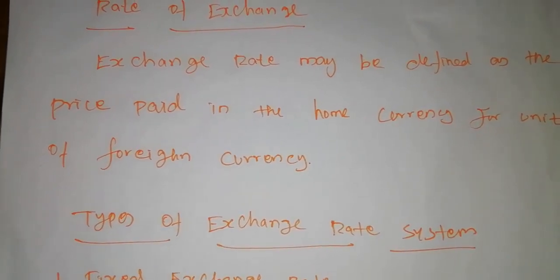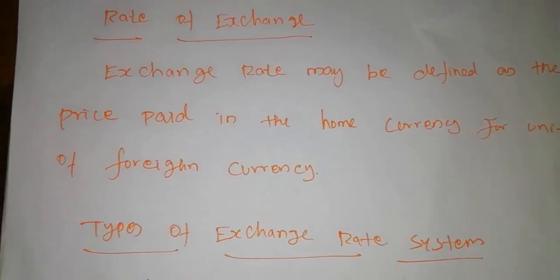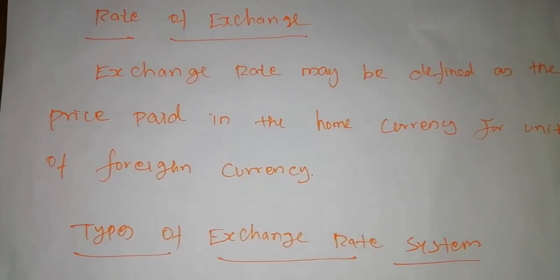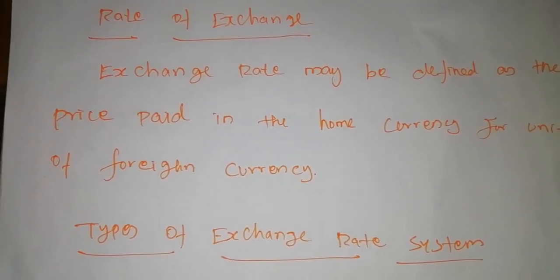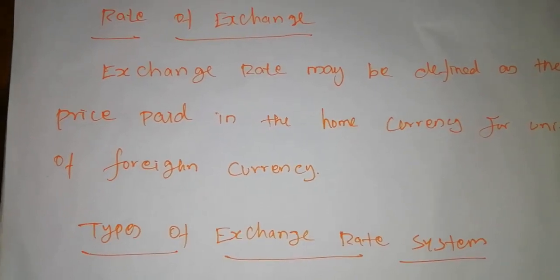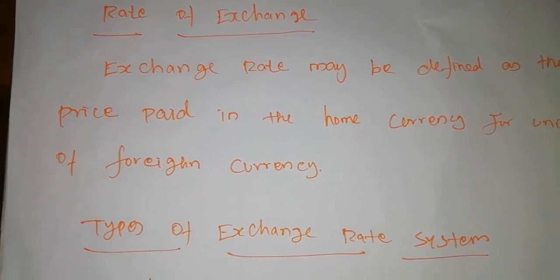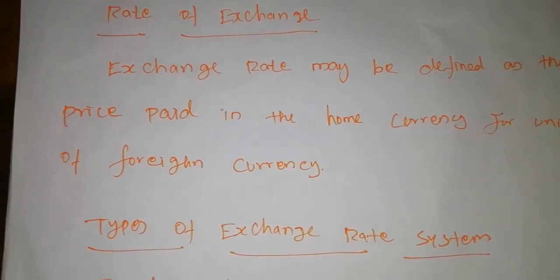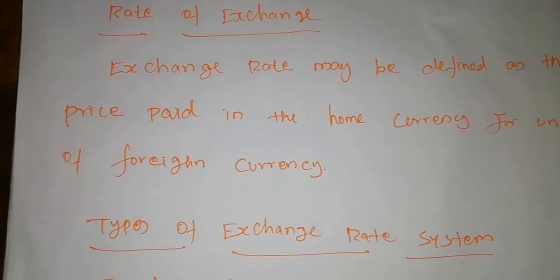The exchange rate may be defined as the price paid in the home currency. For example, considering 75 rupees, Indian currency, for a unit of foreign currency, for America, $1 is equal to 75 rupees.